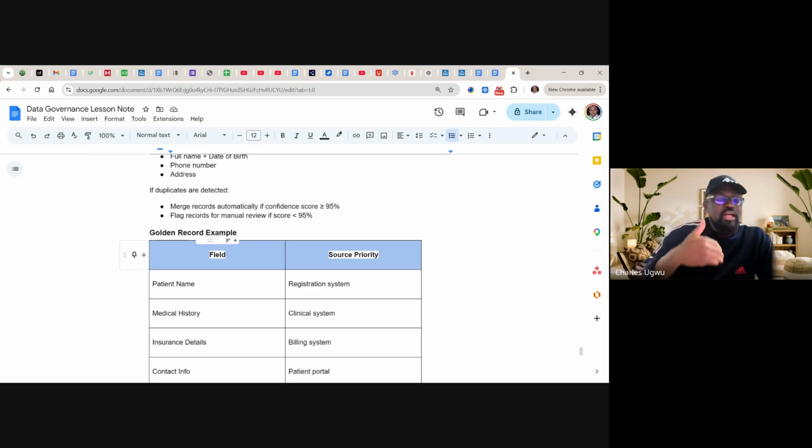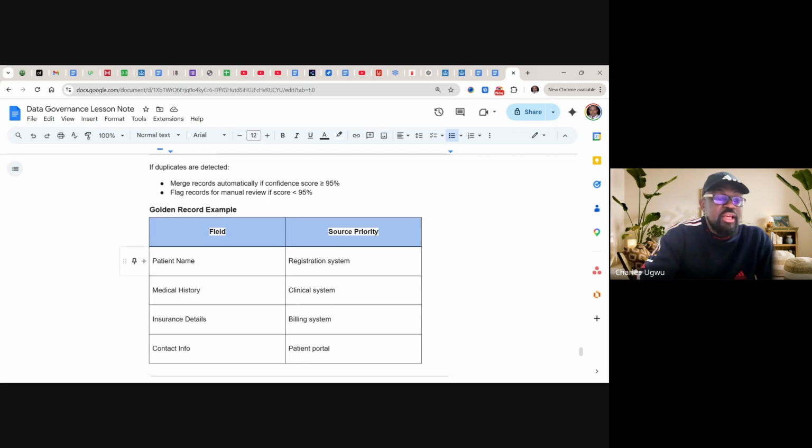So that is an example of a golden rule. In this case, you see patient name is registered via the registration system. Medical history is via the clinical system. Insurance detail is via the billing system. Contact information is via the patient portal.